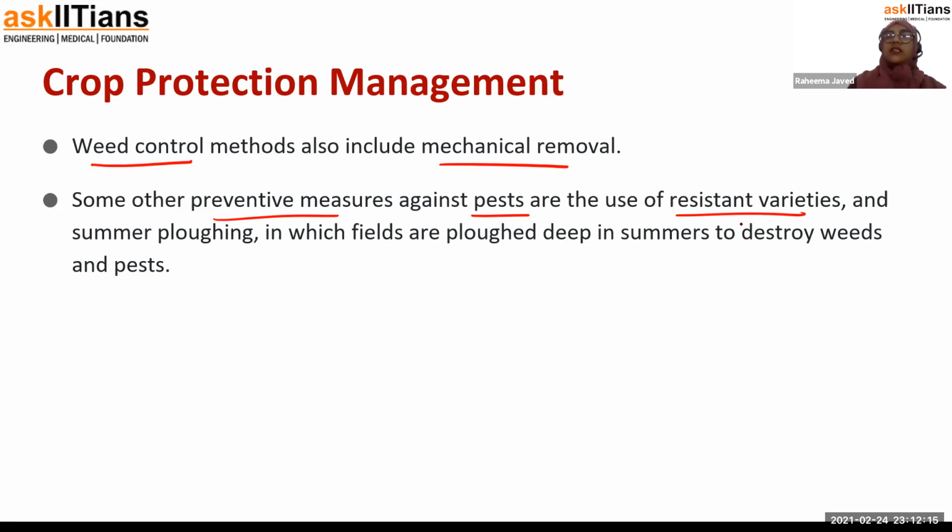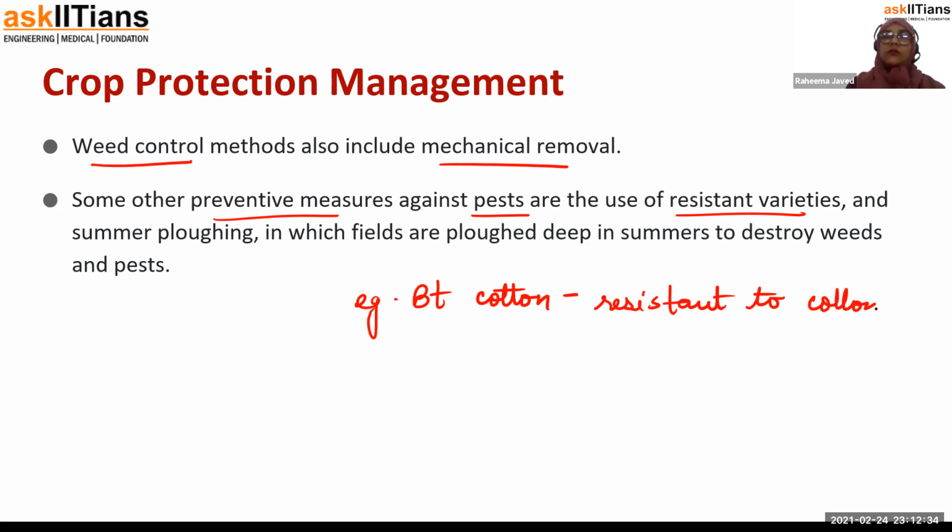Some of the resistant varieties, I think I made a point in the first video of this topic. Some resistant varieties, like BT cotton, were resistant to cotton bollworms.